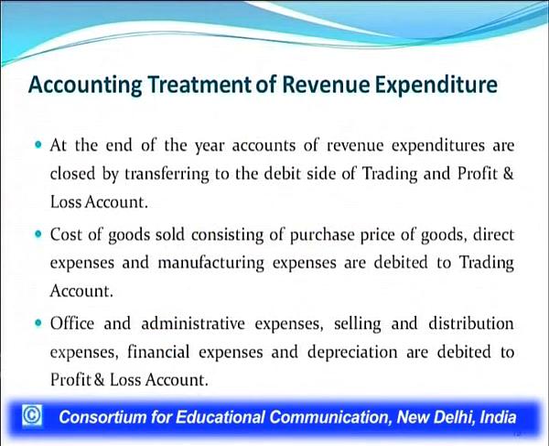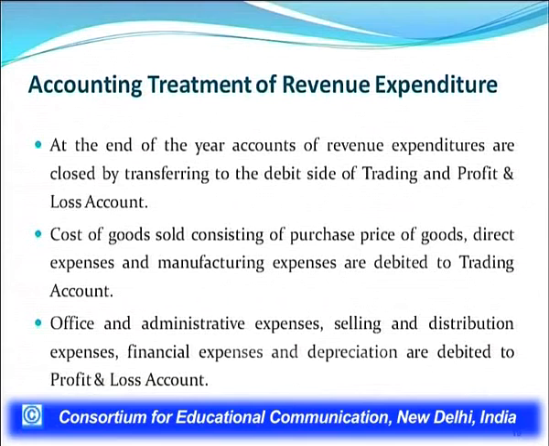Now, the question arises how to treat the revenue expenditure in accounts. As we have already studied the journal entries, ledger accounts and the different types of subsidiary books, all these expenses, when incurred, the expenditure accounts are debited, and cash or bank account or a liability is credited.